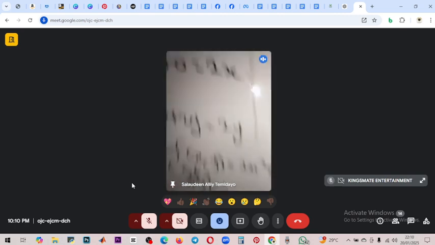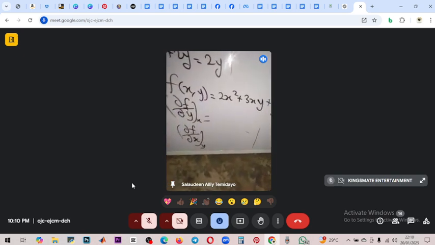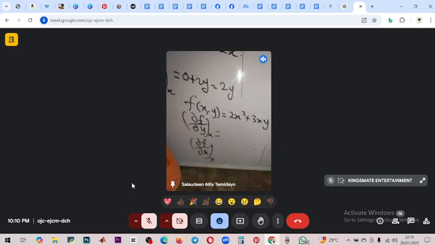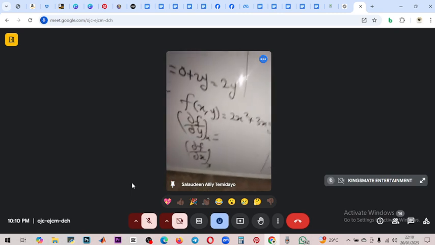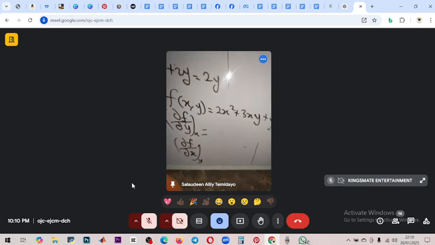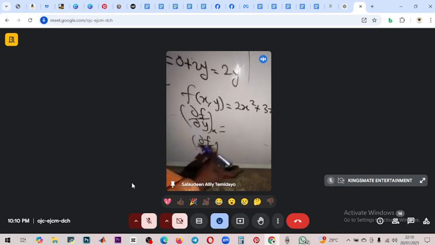When x is constant, that is the partial derivative. Partial derivative means you are differentiating partially. You are differentiating a part and you are leaving a part as a constant. It is different from implicit differentiation. It is the opposite of total differentiation. So partial differentiation is now like this.